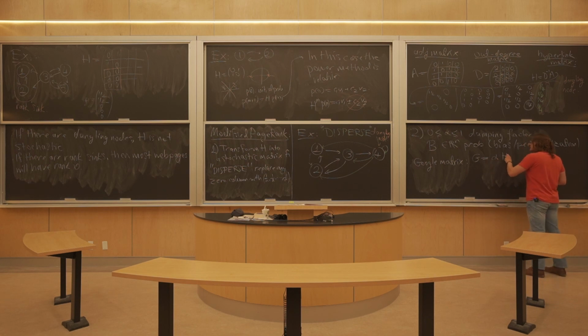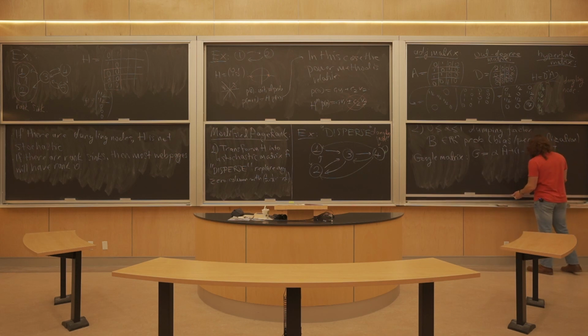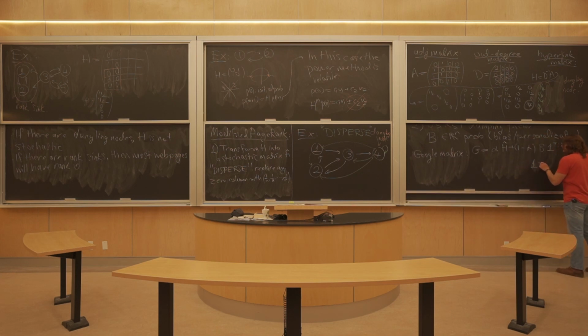G equals alpha times H hat plus 1 minus alpha times B times 1 transpose. So 1 in blackboard font is the vector of 1s. It is the n by 1 vector, each of whose entries is 1. I take the transpose, so now I'm multiplying an n by 1 matrix with a 1 by n matrix. So this gives me an n by n matrix. It's stochastic because B is a probability vector. Each column of this is the same vector, essentially.